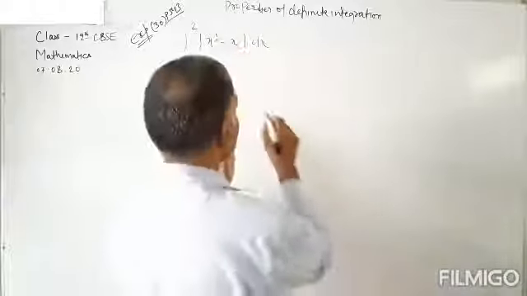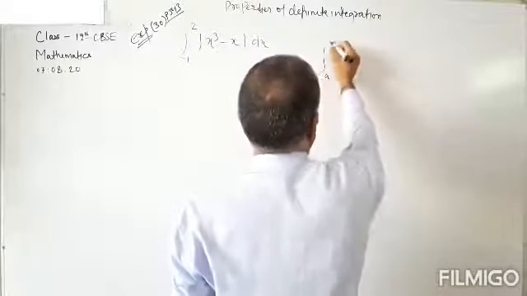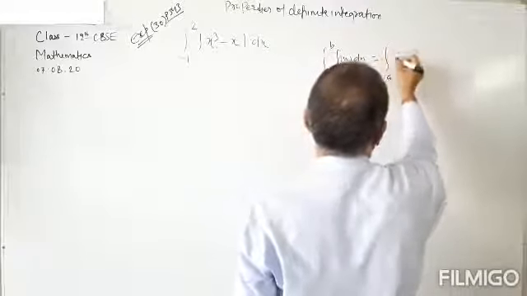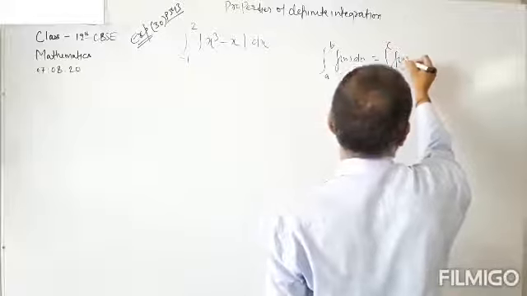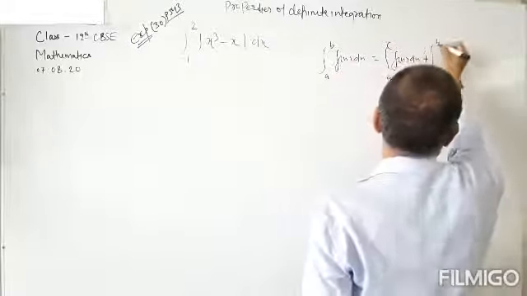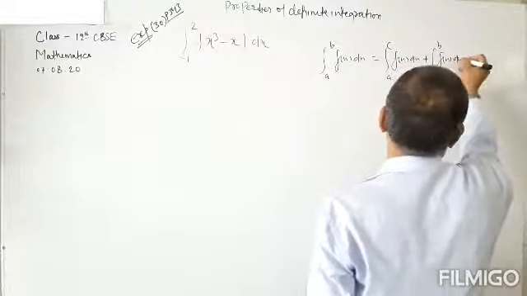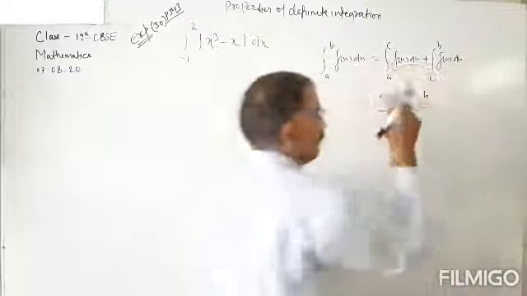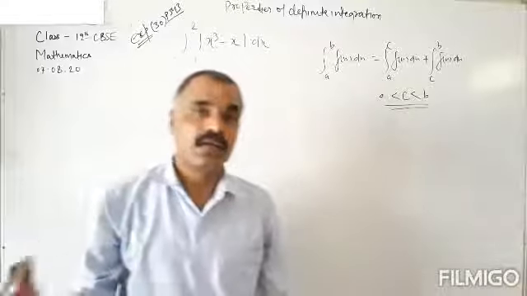Okay, so here we will use the property: the integral from a to b of f(x) dx is equal to the integral from a to c of f(x) dx plus the integral from c to b of f(x) dx, where c lies between a and b. c is any real number lying between a and b.